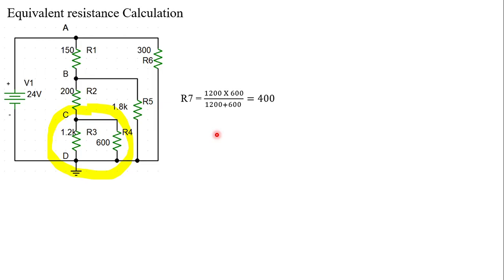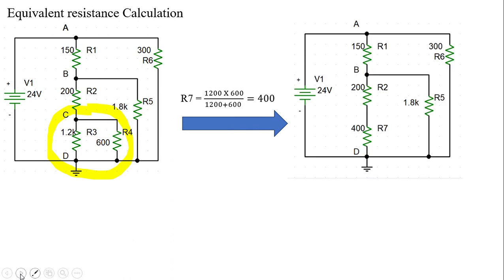Okay, so which means we can replace this entire thing with one single resistor whose value is 400 ohms.